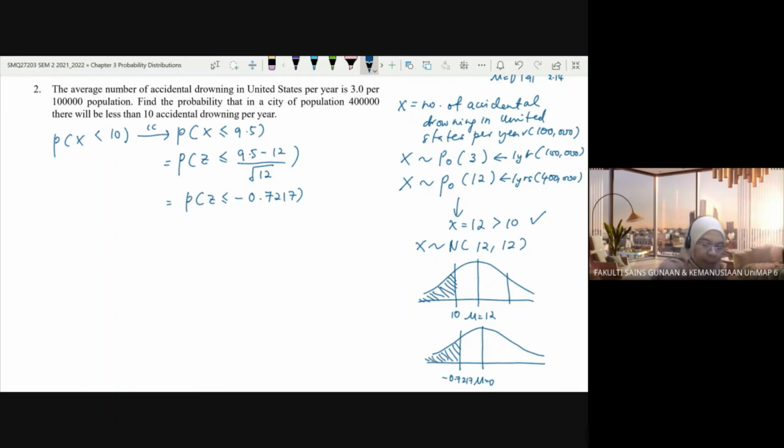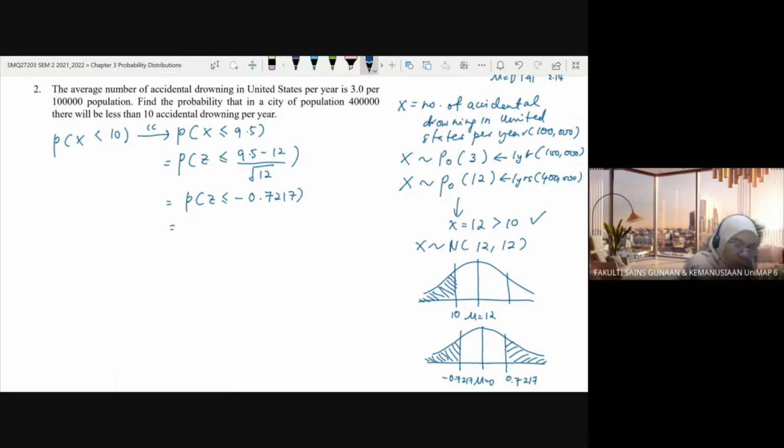So how do we find this? Using the understanding that we have had before, using the mirror. So since we are using the right hand side of the distribution, you will have 0.7217 here, and this is the area that you are looking for.